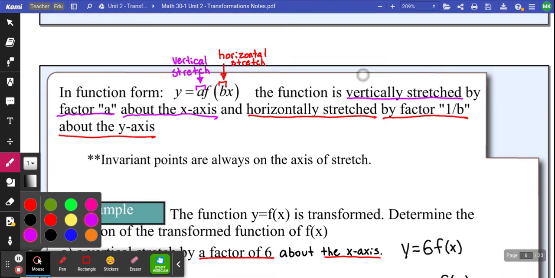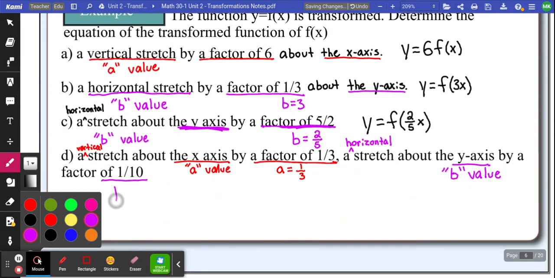But it's not B equals 1/10. This would be B equals 10. My equation would be y equals 1/3 f of 10x. Like that. There's my A, my vertical stretch. There's my B, my horizontal stretch. The vertical one stayed true. The horizontal one flipped. Everything horizontal is the opposite of how it looks.